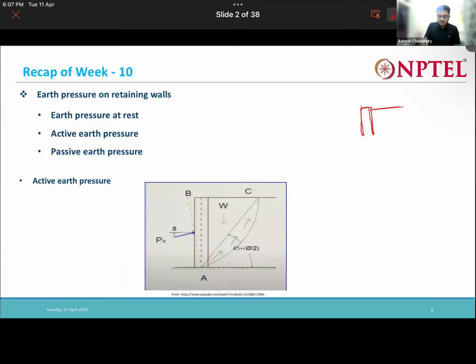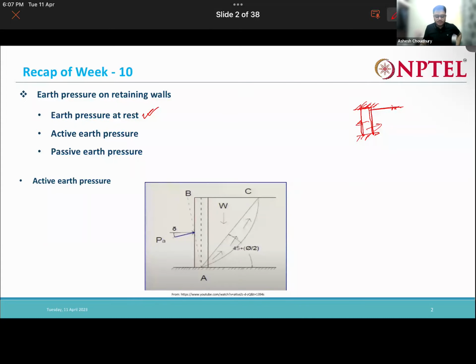It is fixed at the bottom, and the retaining wall is also fixed at the top. This might be the case for a bridge abutment. So there is no chance that this retaining wall will move in any direction. In this case, the earth pressure acting on the wall is known as earth pressure at rest.